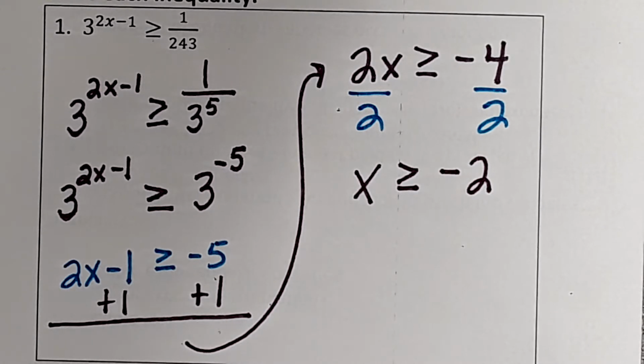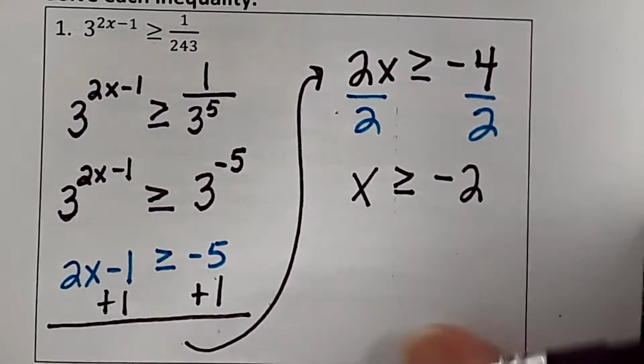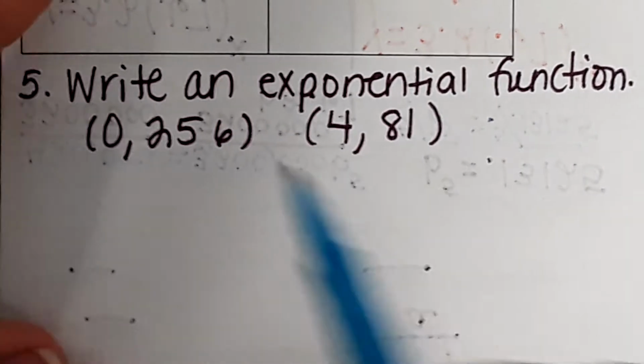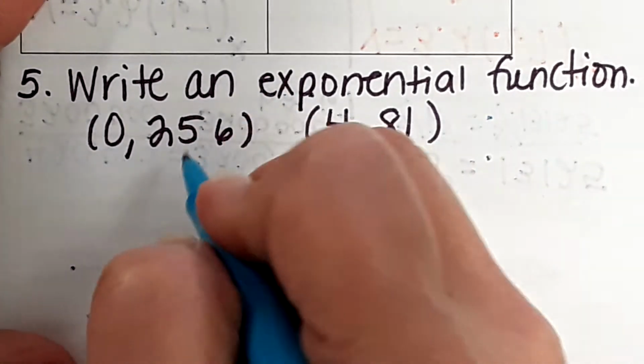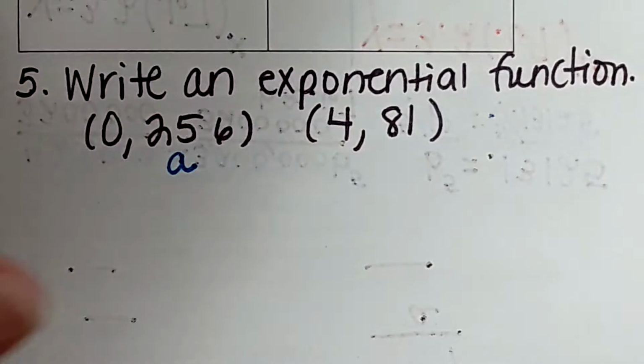We're going to do an example. You know how there's 4 examples on the other side? We're going to do an example underneath. And this should be the last one. When they give you something like this, and they say write an exponential function, and they have a 0 and a number, this is your A. Then they give you another ordered pair.